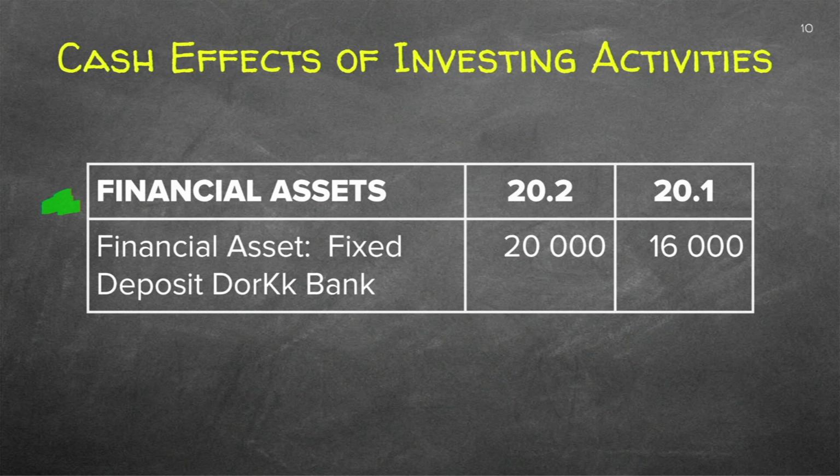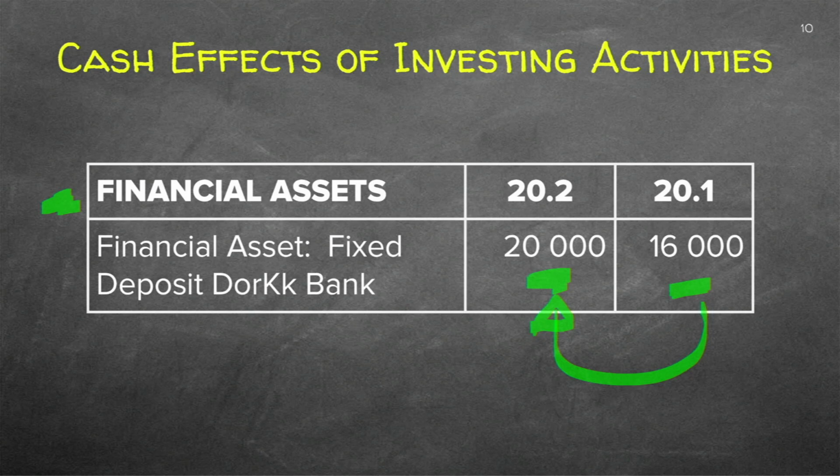And my financial asset is a fixed deposit with dorKk. This year, it's 20,000. Last year, it was 16,000. So can you see that my investment has increased from 16,000 up to 20,000?